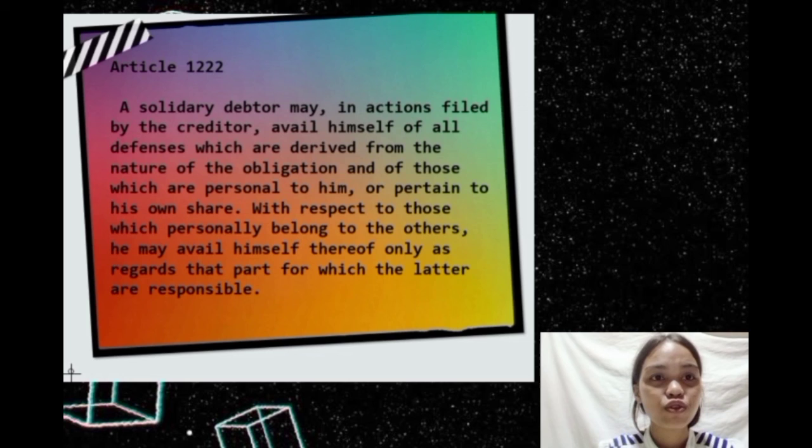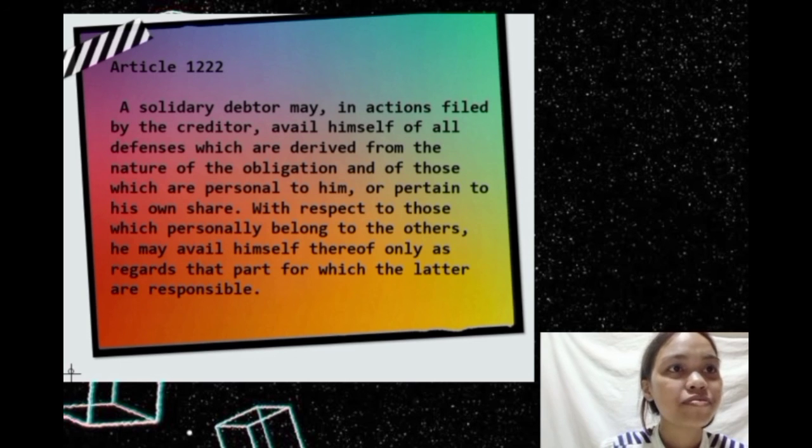A defense derived from the nature of obligation is a complete defense because it nullifies the obligation or renders it ineffective. Other examples are fraud, prescription, remission, illegality or absence of consideration, non-performance of a suspensive condition, and etc.